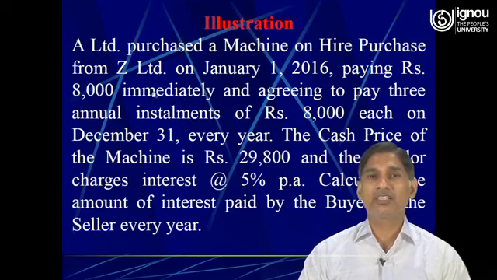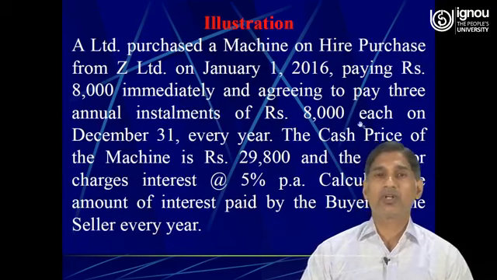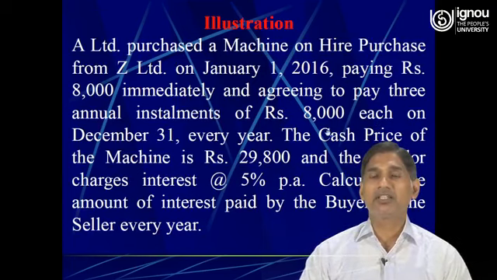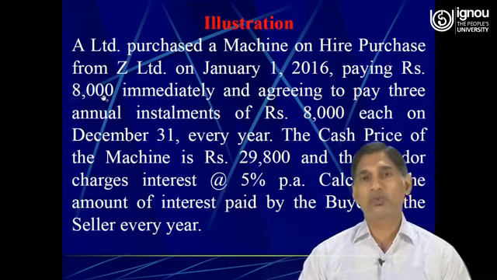So, this is the cash down payment, and agreeing to pay 3 annual installments of rupees 8,000 each. It means the total price is 8,000 multiplied by 3, 24,000, plus 8,000 cash down payment. It means 32,000.